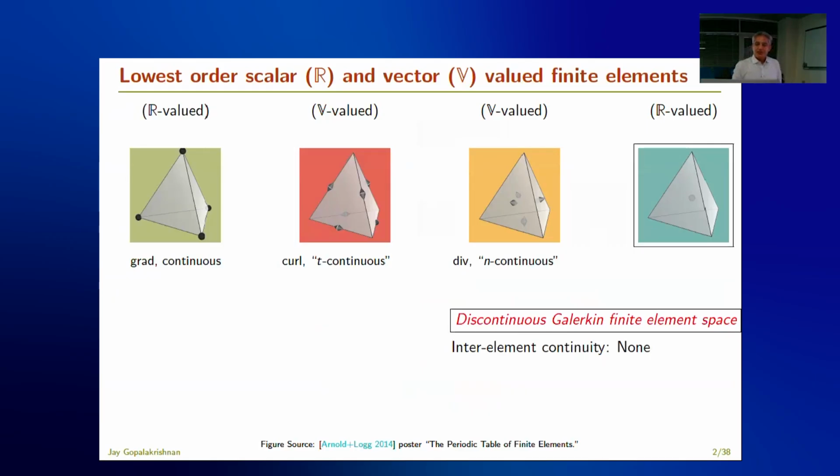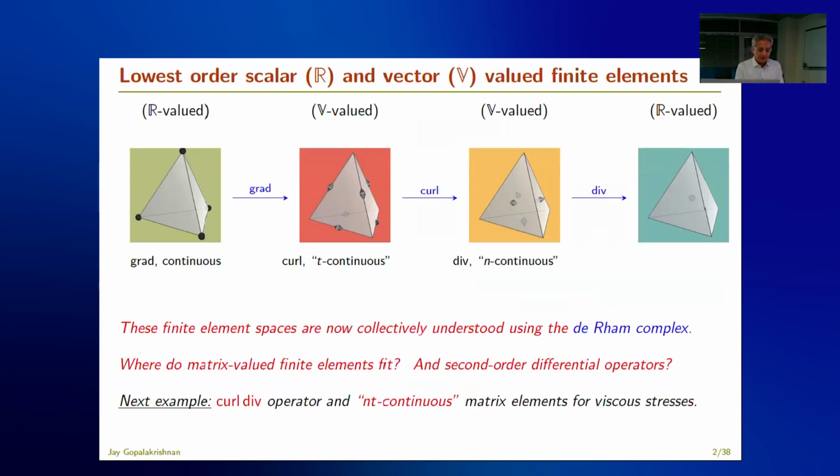So, although these spaces have been developed independently, as you can see from the references I just gave, we now understand them collectively in the context of the de Rham complex, which connects these spaces using these first-order differential operators: the gradient, the curl, divergence, all manifestations of the single exterior derivative.